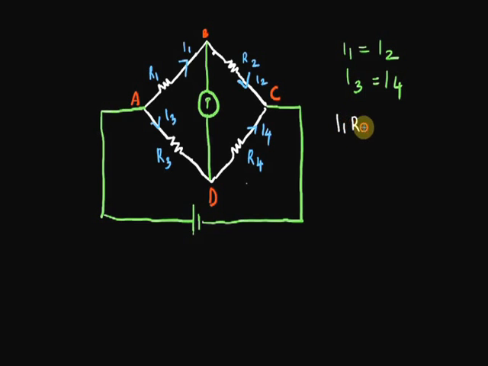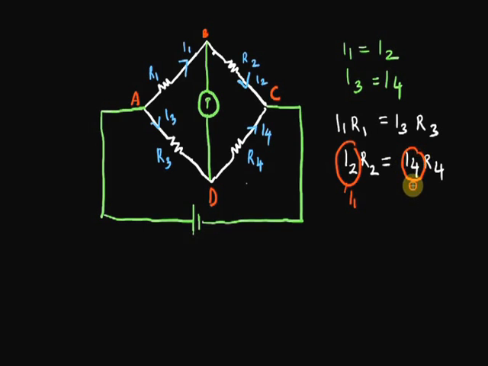So my current I2 must be equal to I1, and my current I3 will be equal to I4. So if I take the two equations we used earlier, I can replace the I2 in the second equation with I1 and the I4 with I3.